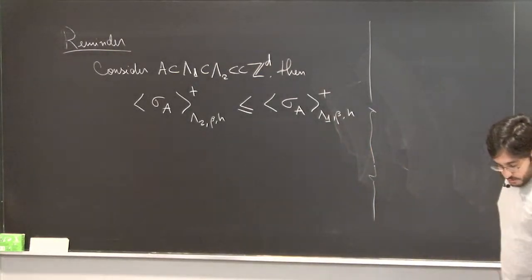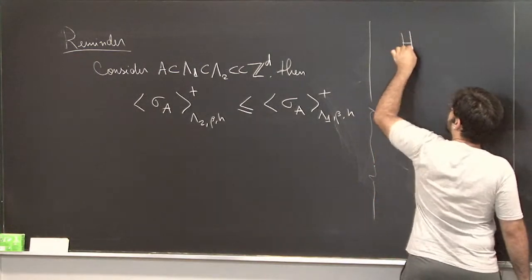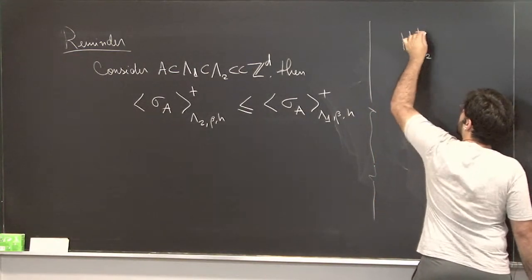So what were the main steps of the proof? We wrote the Hamiltonian with plus boundary.